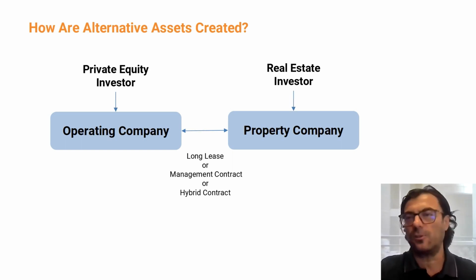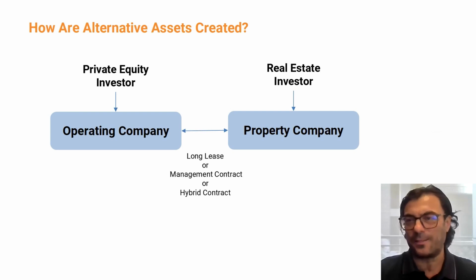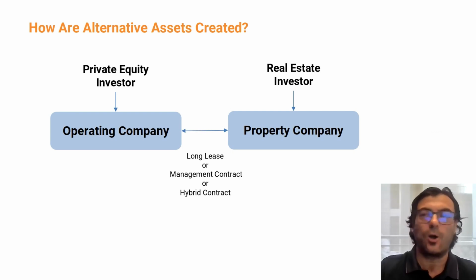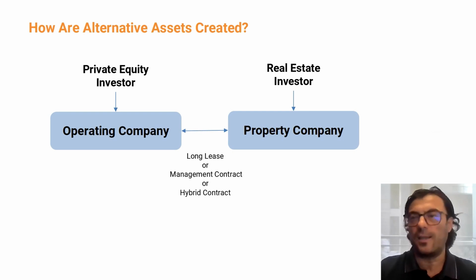So private investors will typically invest in the operating company as they are looking for high returns. They don't want to use capital to own an asset. They want high returns.